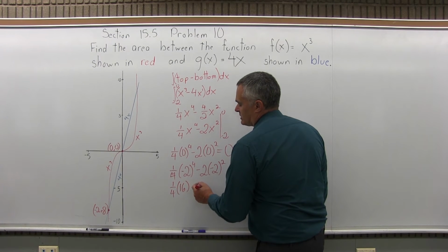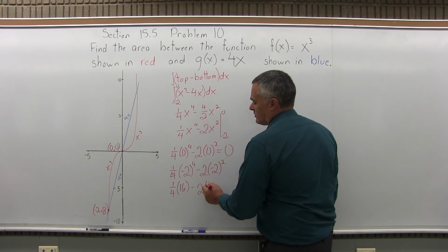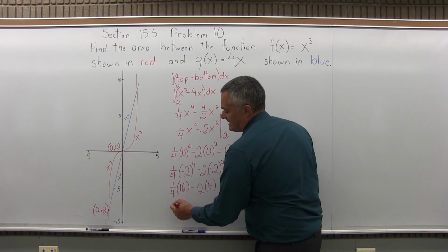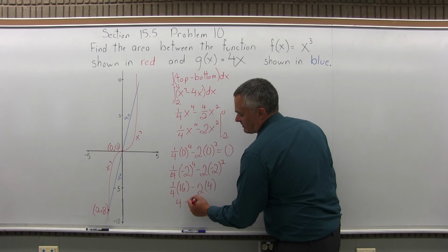And then minus 2 times -2 squared. -2 times -2 is positive 4. So 1/4 times 16 is 4. And then 2 times 4 is 8, but you're subtracting. It's a negative. So you have 4 minus 8 is -4.